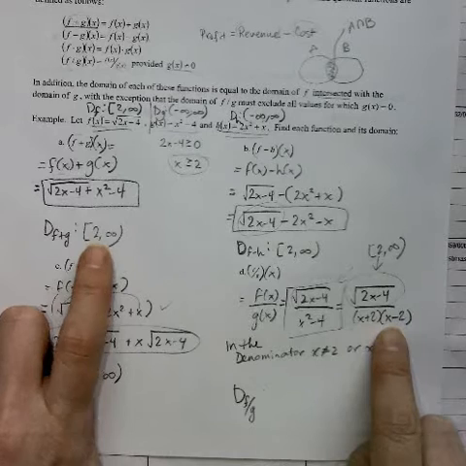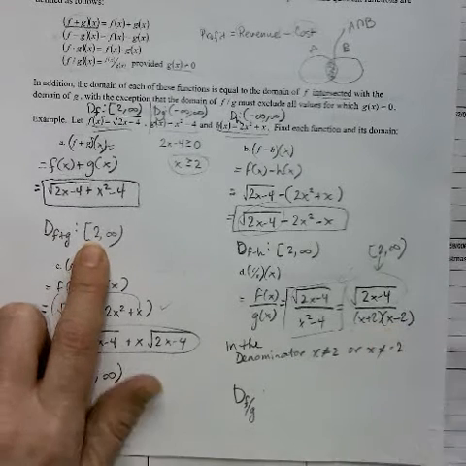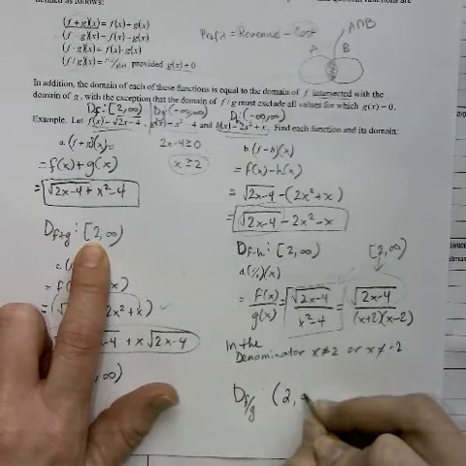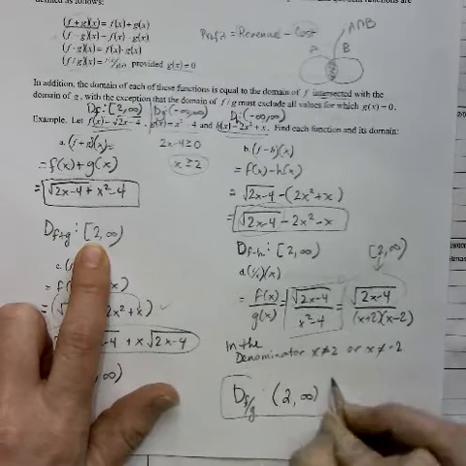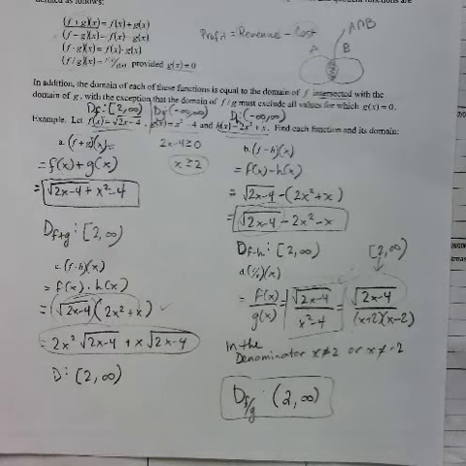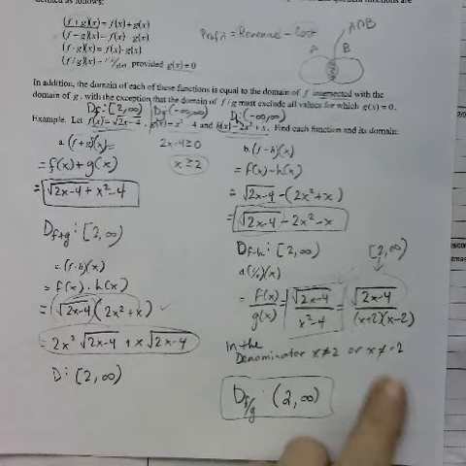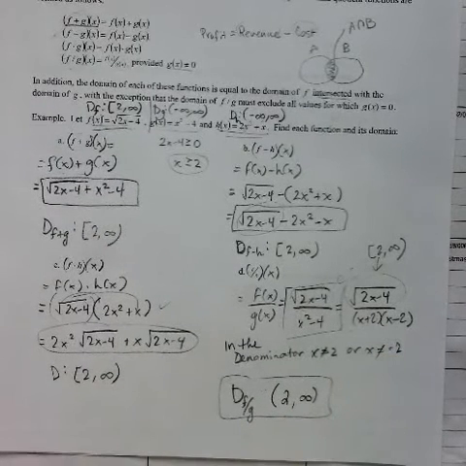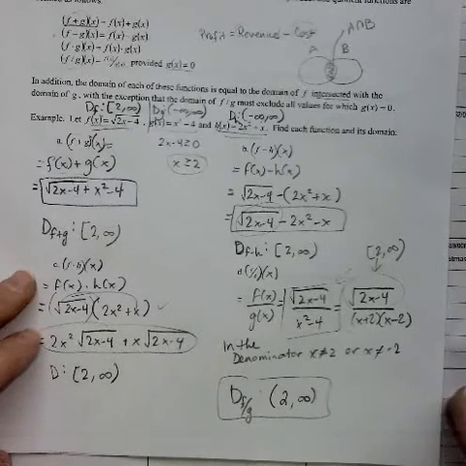The only thing left that creates a 0 is 2. So this domain is 2 to infinity, not including 2, versus the other ones that included 2. Okay? It still can't be negative 2 either, but this doesn't contain negative 2, so we don't need to make an adjustment for that. It's already out.